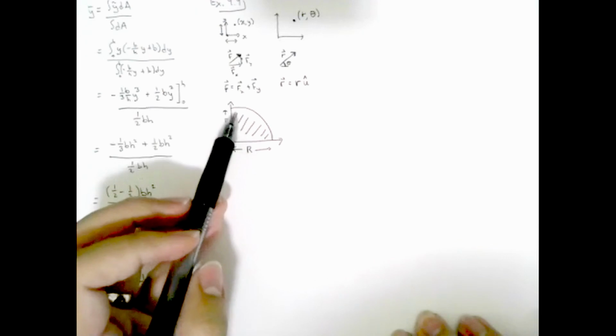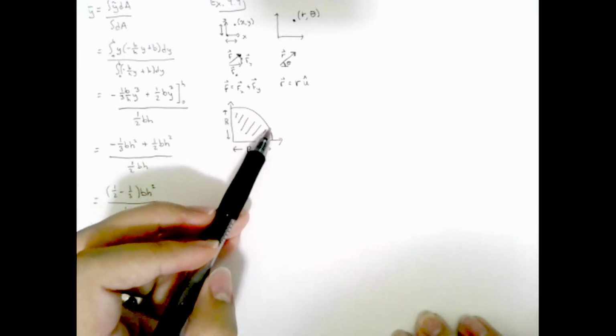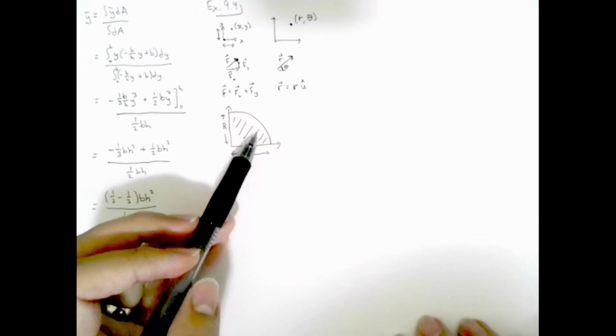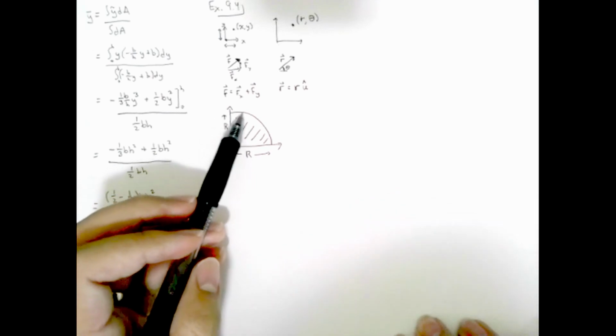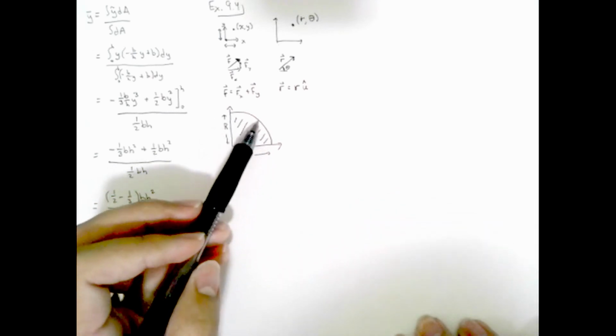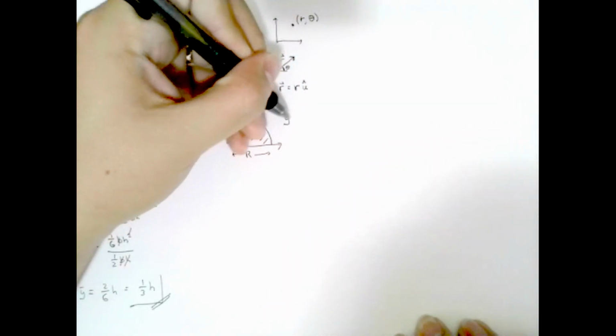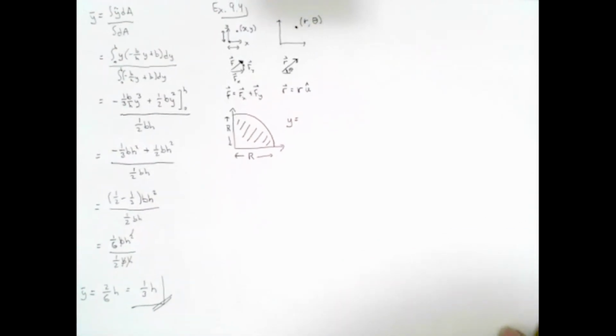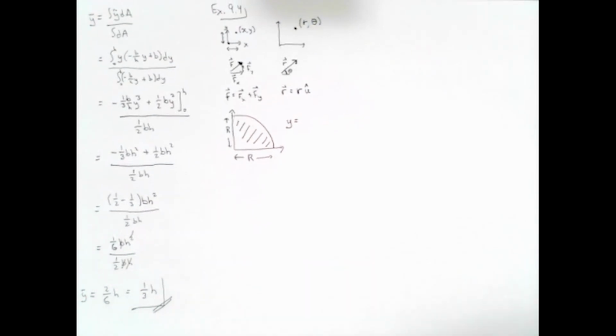Can anybody give me an equation in x and y, so in Cartesian coordinates, that helps us to identify this curve? In other words, if I were to say y is a function of x, what is that function equal to? Does anybody know? Let's see, we're looking at a circle, right?